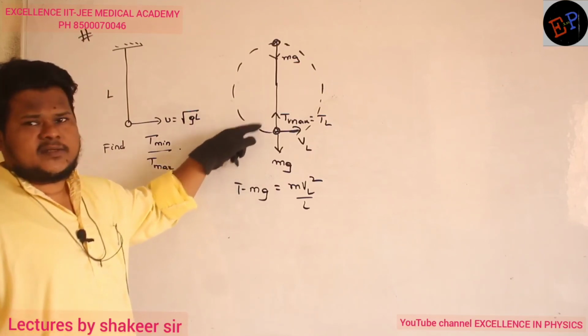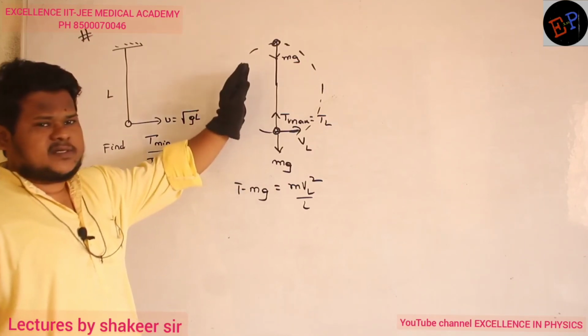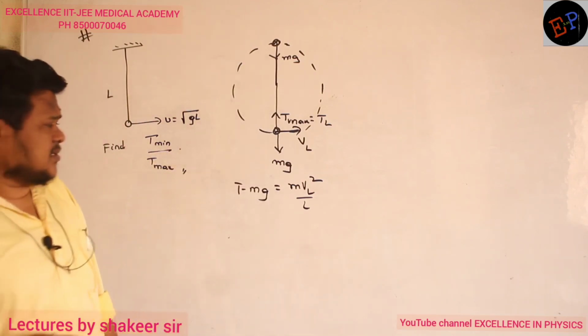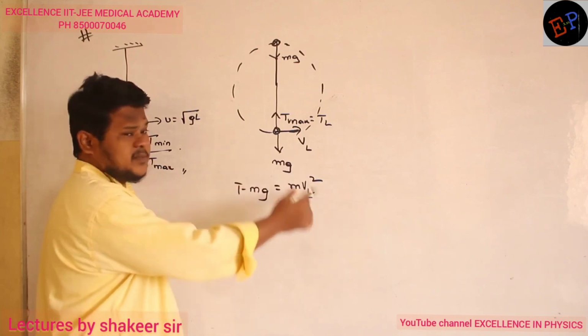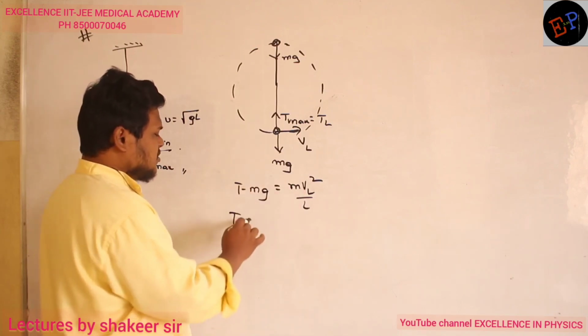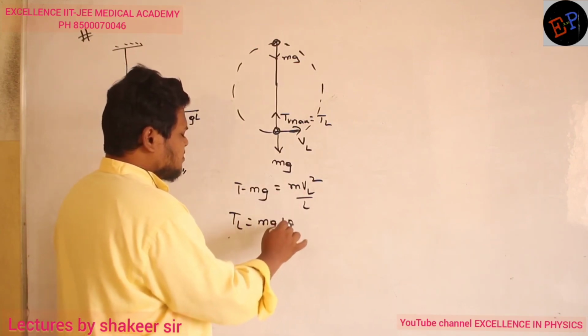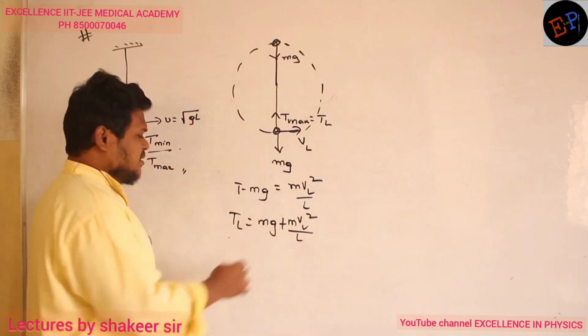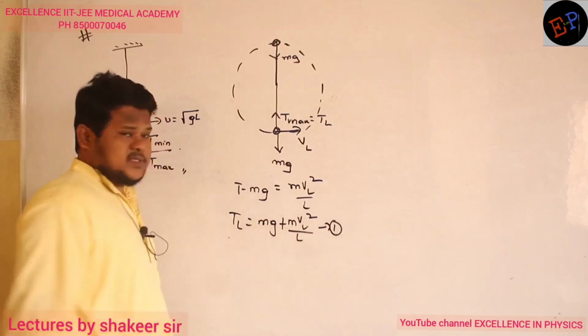Because the two forces are acting in opposite directions. Tension is towards the center of the circle, mg is in the opposite direction. So T minus mg provides centripetal force. Therefore the tension at the lowest point is mg plus VL square divided by L. This is the equation for tension at the lowest position.